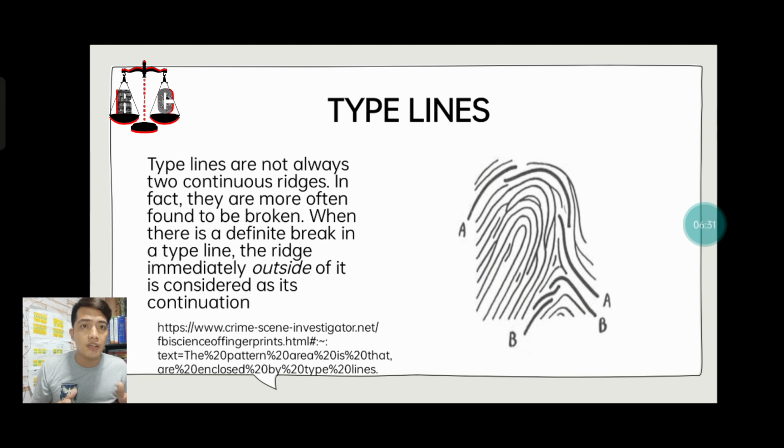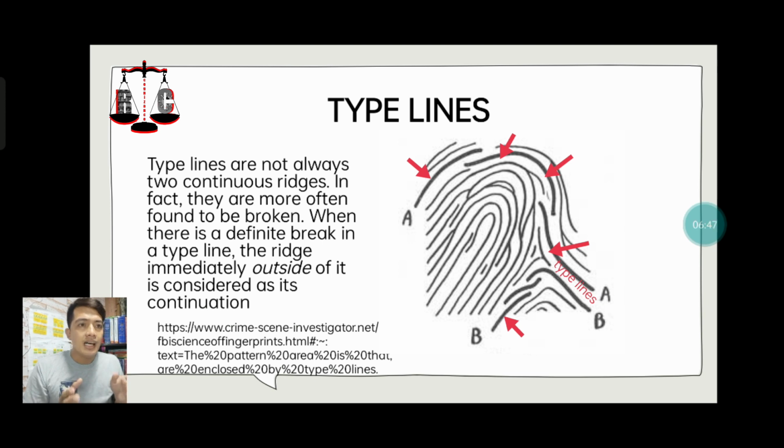They are more often found to be broken. The ridges are fragmented. So when there is a definite break in the typeline, the ridge immediately outside of it is considered as its continuation. As you can see in the illustration, A and B are broken. They are not continuous, unlike the first example of typelines that was continuous and surrounded the pattern area.